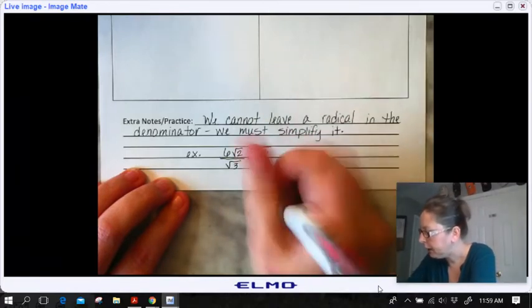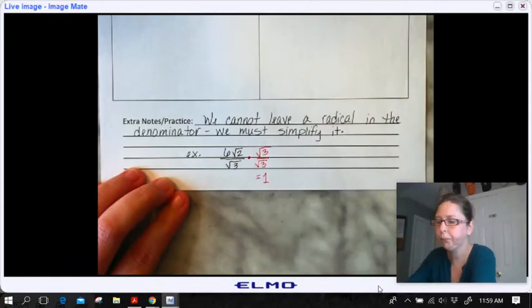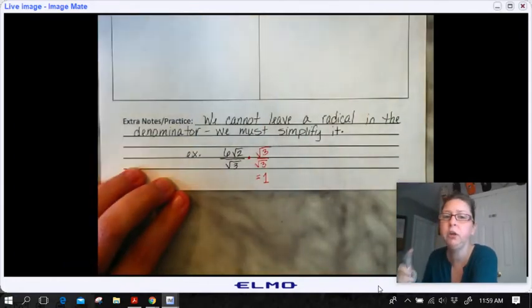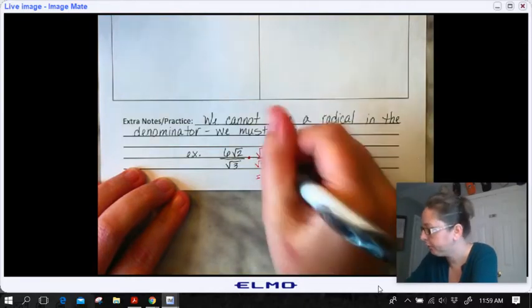This equals 1. Its value is 1. So I'm really not going to be changing the value, just making sure that there are no radicals in the denominator.